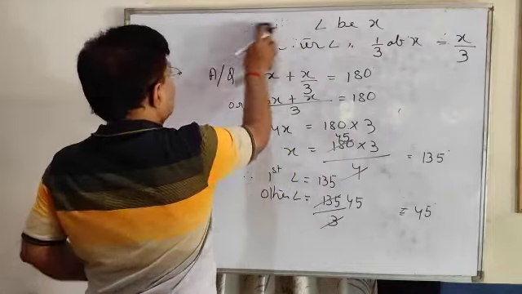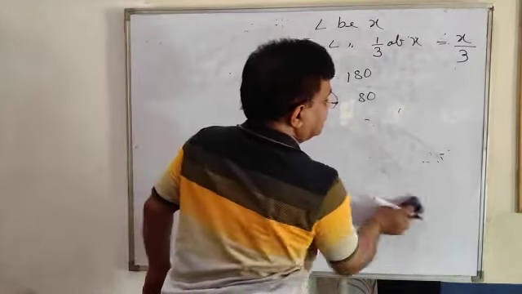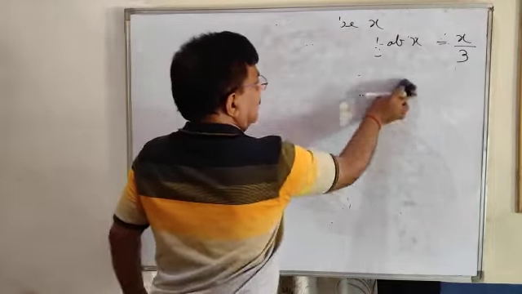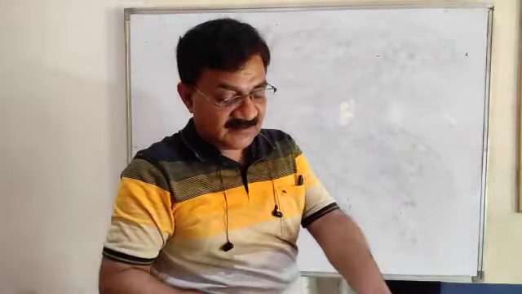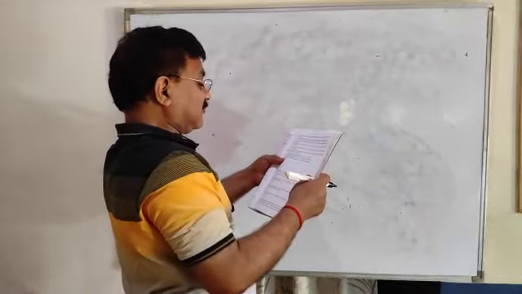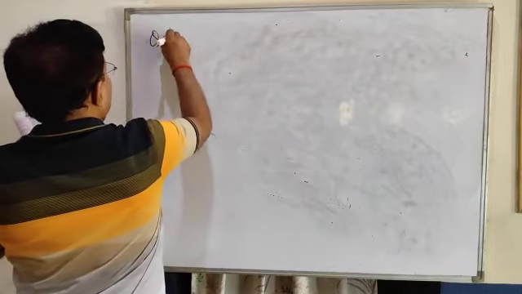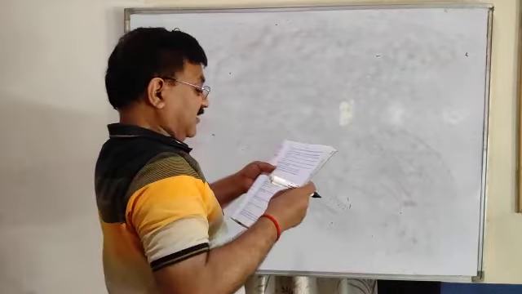Let us solve and see. Question number 9 we have solved. Let us see question number 10. One question from 10 I will solve. Okay. Question 10, 2 I am solving. What is the question?